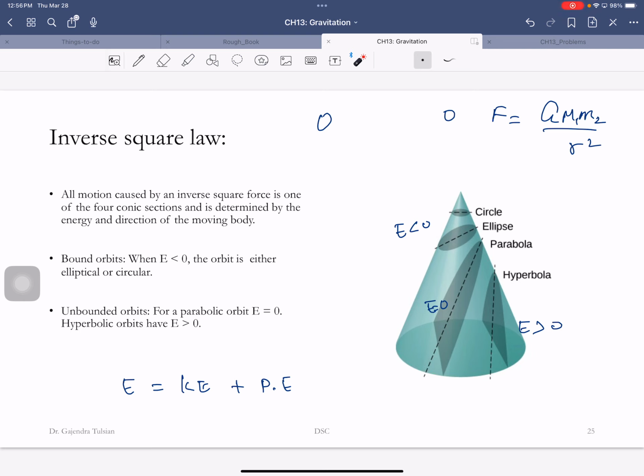And if this law is correct, they'll go in that ellipse for how long? If there's no friction, forever. You have a parabolic orbit for 0 total energy, meaning it'll come from infinity and go back to infinity. Hyperbolic orbits where energy is greater than 0, it comes from infinity, goes to infinity, and it still has kinetic energy left.